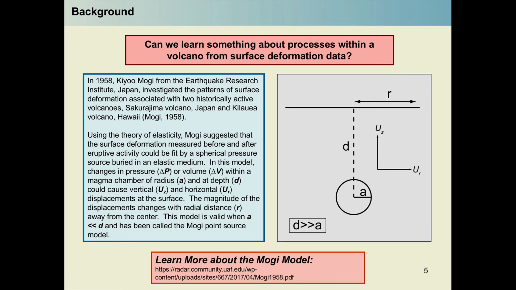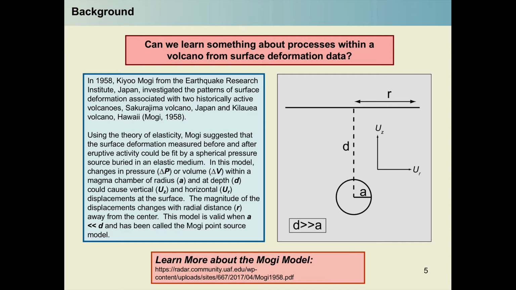All right, so we're going to apply something called the Mogi model, which is a very nice, basic, simple, but often quite accurate model that describes how volcanoes deform when their magma chambers in the crust fill up with magma. There are some assumptions that go into this that aren't always accurate.